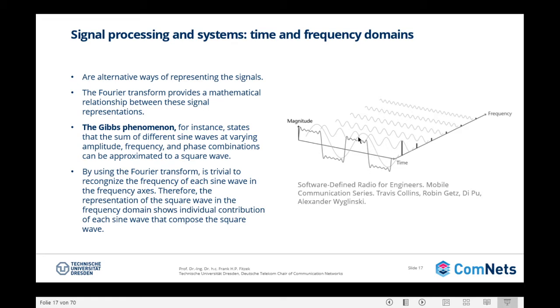If we analyze this square wave in the frequency domain, the spectrum is going to be the sum of the individual contributions in frequency of every sine signal that composes the square wave. As we can see here, it's really easy to analyze a signal from one domain to the other by using the Fourier transform.